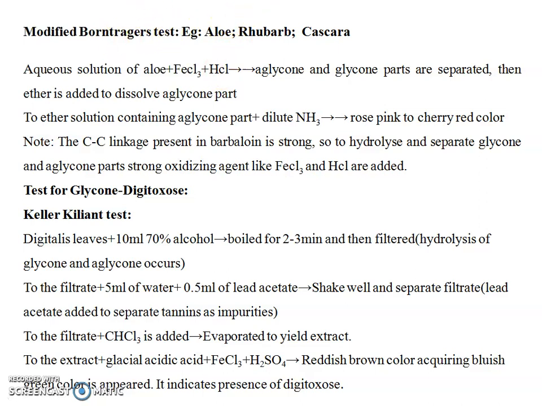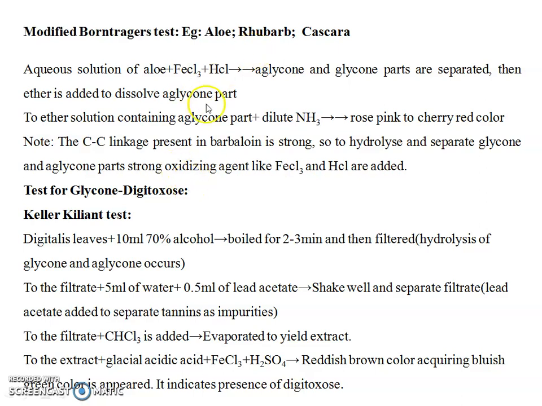In plants like aloe, rhubarb and cascara, it contains C-C bond glycosides, meaning the aglycone and the glycone are joined by a C-C bond. In senna it is a C-O bond, and the C-C bond is much stronger than the C-O bond.